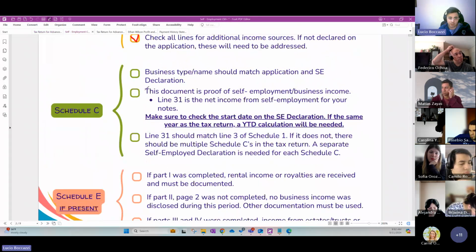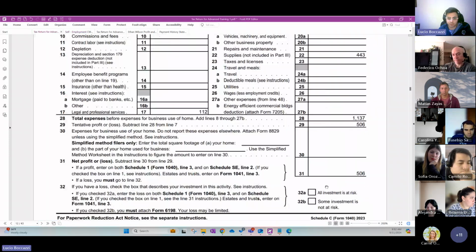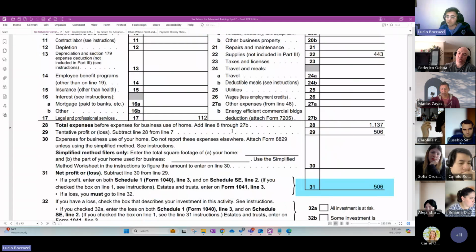Here it says line 31 is the net income from self-employment for your notes. If I go to line 31, I'll see the amount that Namun actually made throughout 2023 when it comes to beauty products.